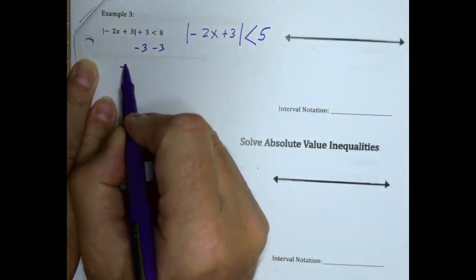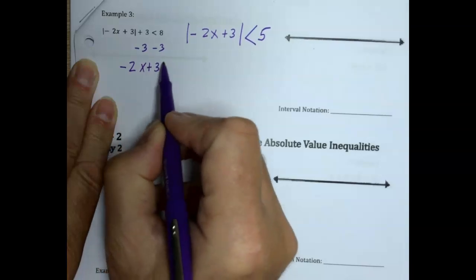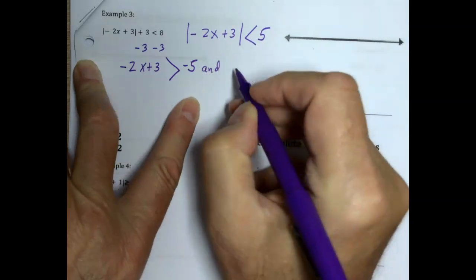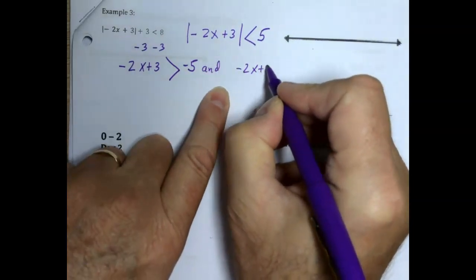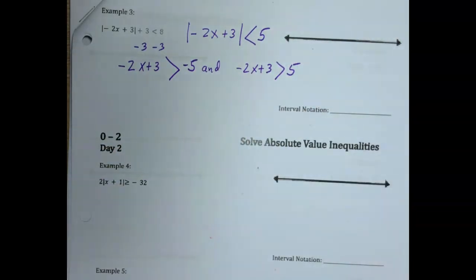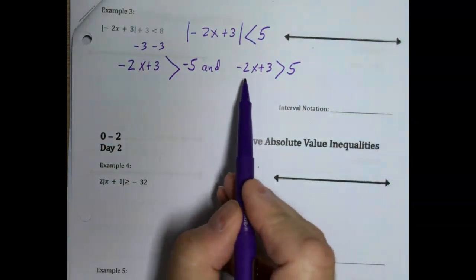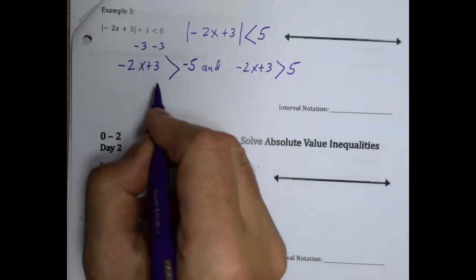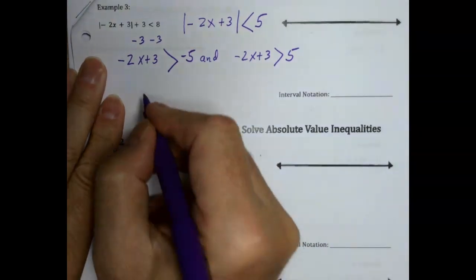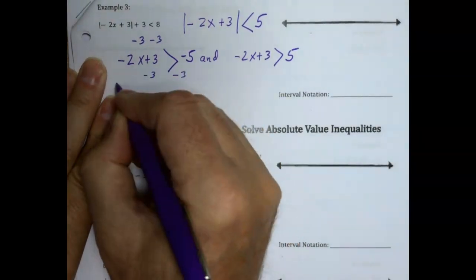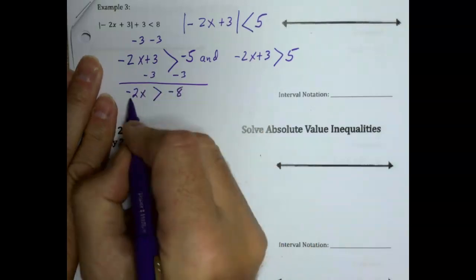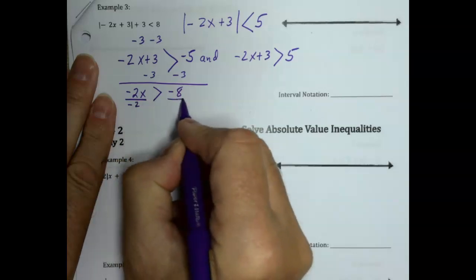So now we're writing two different inequalities. 2x plus 3 is greater than negative 5, and 2x plus 3 is less than positive 5. Those are two inequalities. Notice this process is going to get really short if you only need to divide. We're dividing by a negative, so we need to flip the sign.